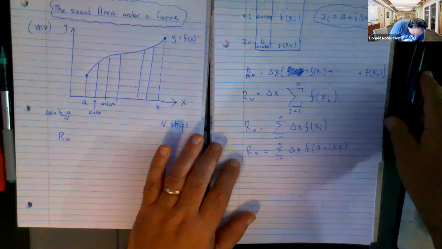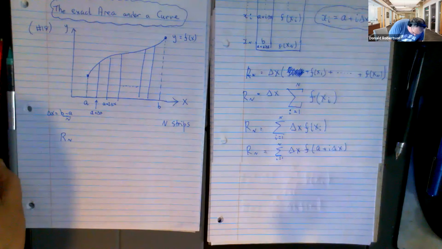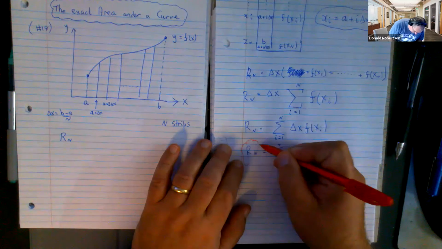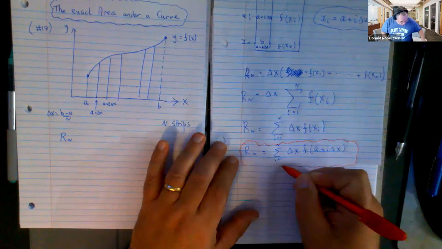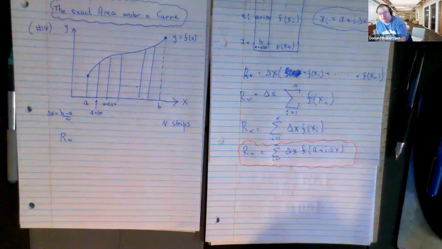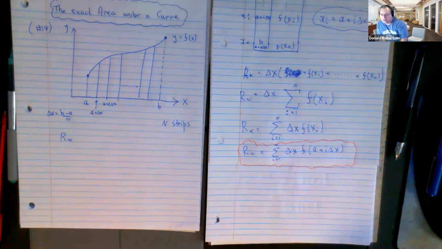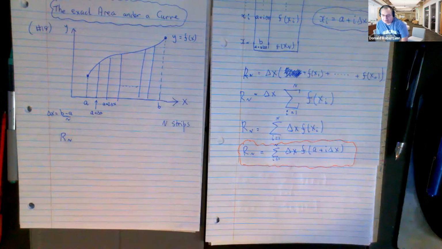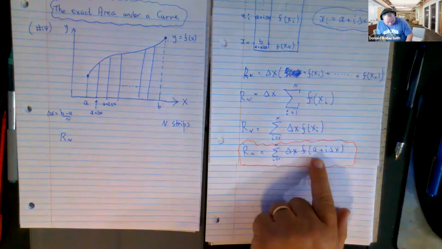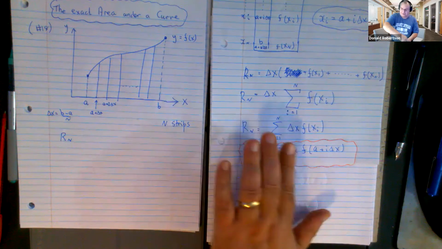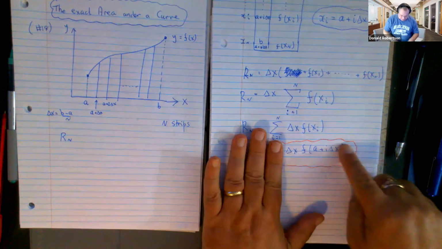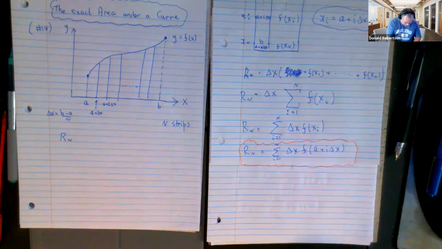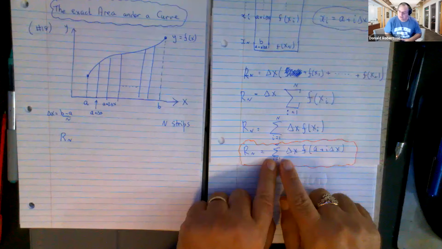And this weird looking thing is how we are going to find the exact value for the area under any curve from any start value A to any finish value B. What this is saying is that these two guys together represent the area of one strip. And in this sigma from 1 to n, we're doing n strips.